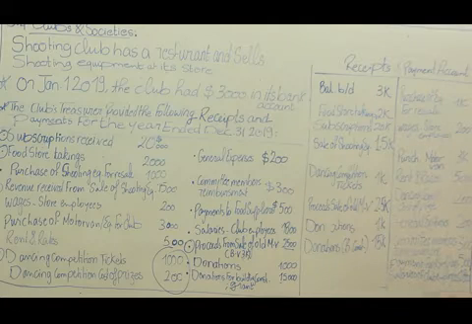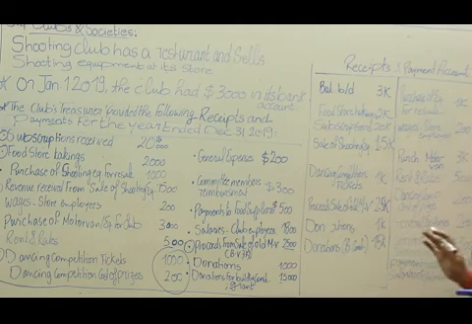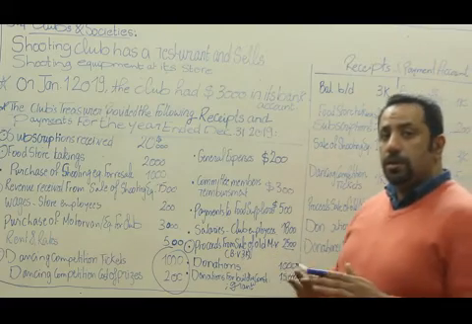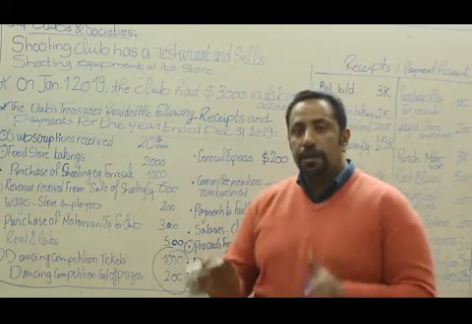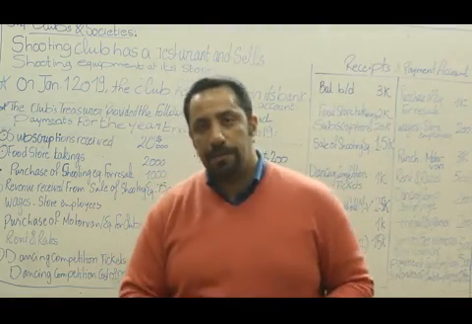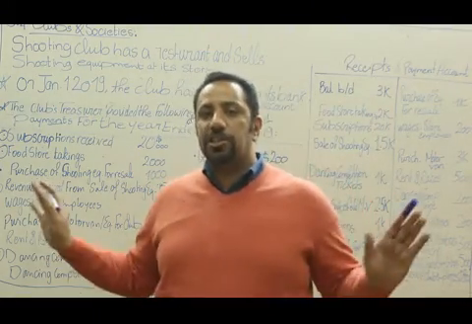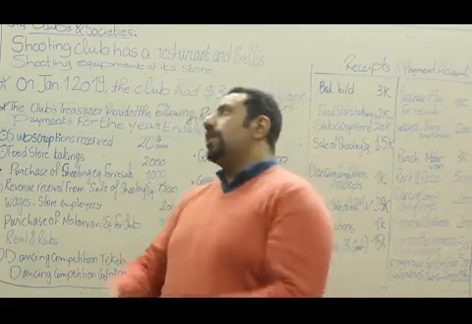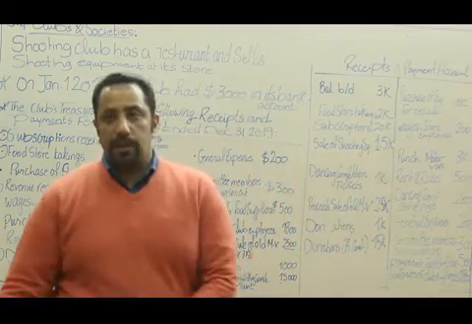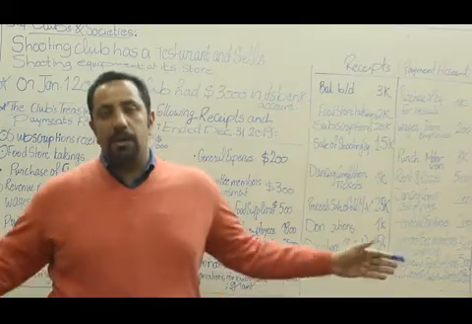Now, first of all, you have to figure out that we did not segregate between revenue receipts and capital receipts. Simply, they are all cash receipts. We did not differentiate between capital expenditures and revenue expenditures. Simply, we are paying here.